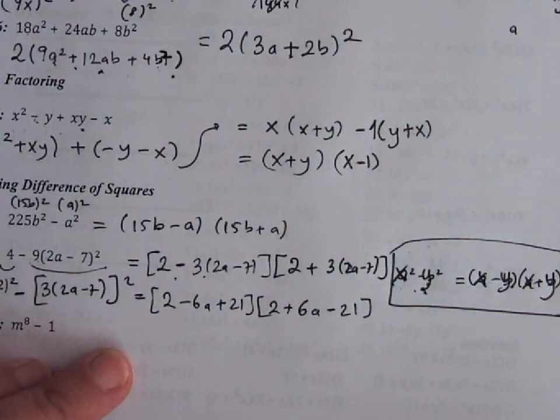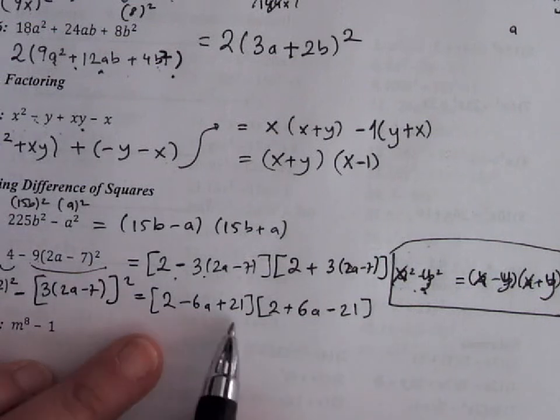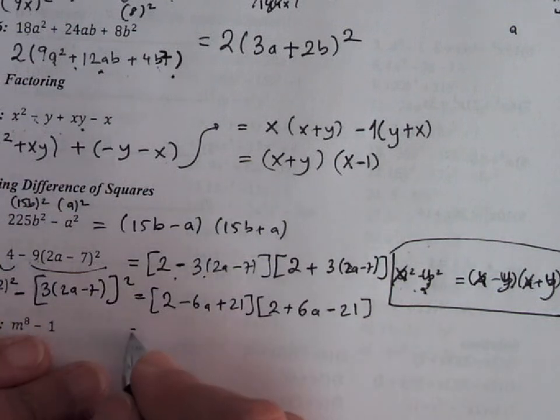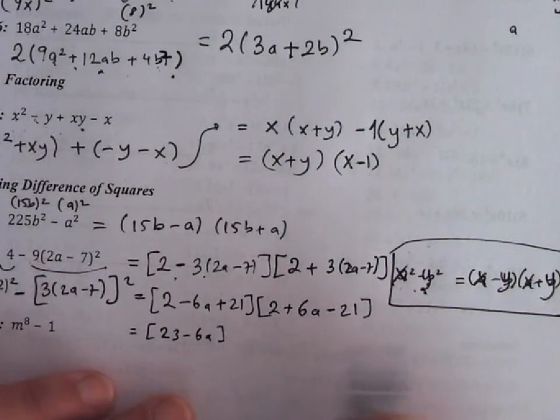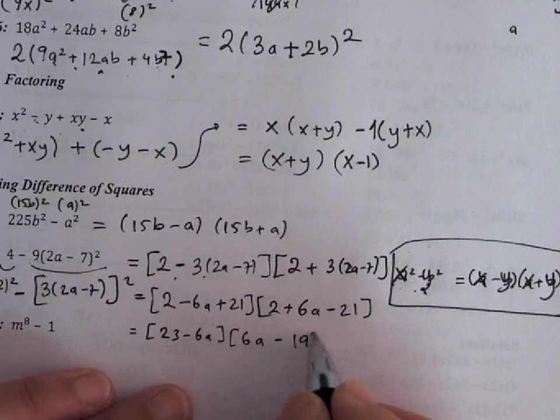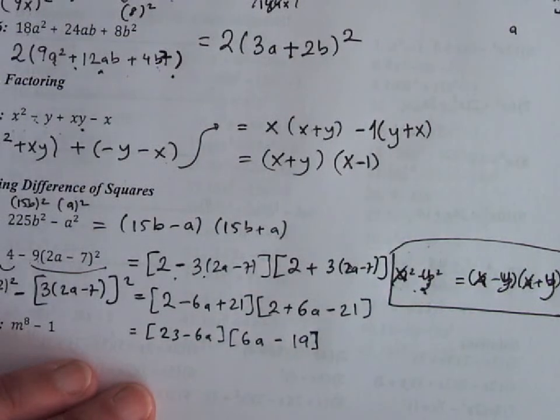Now collect the like terms. You are still not done, because in each bracket, look what you have: 2 and 21, so you are able to collect those numbers. So you get 23 minus 6a, and then you have 6a minus 19. Now they are all collected.